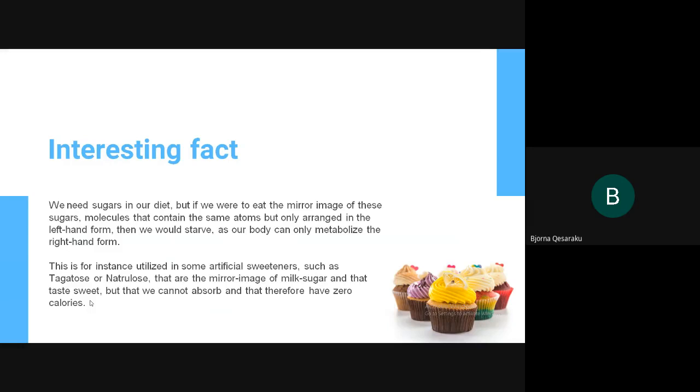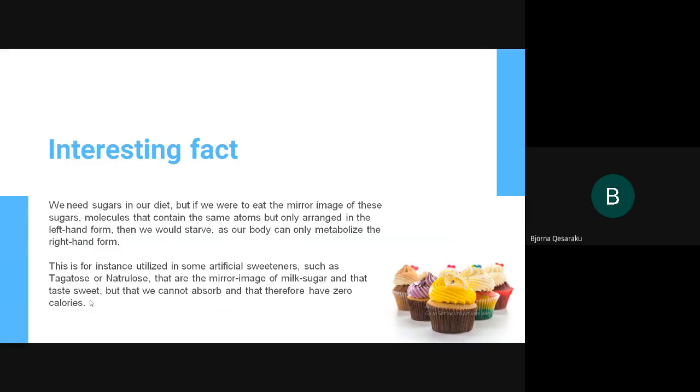When I was reading some articles about chiral molecules, I came across research from Harvard. They were stating these different properties, and one interesting fact was that the sugars were left-hand enantiomers. So if we were to eat the mirror images of these sugars, our body could not metabolize them, and we would starve. This is utilized in some artificial sweeteners such as tagatose or naturulose, which are the mirror image of milk sugar.